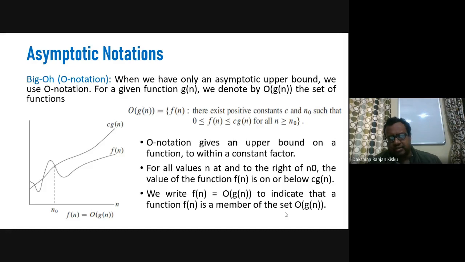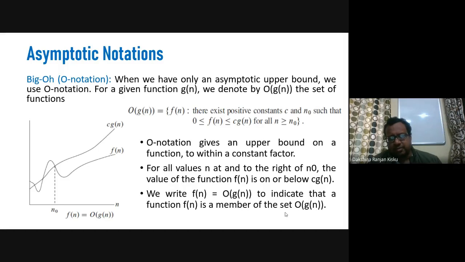Up to this, all the similar algorithms, all the alternative algorithms, are represented by order of g(n). Since f(n) is a member of the set of functions order of g(n), all the alternative algorithms which give the set of functions order of g(n) have the upper limit or maximum limit of the time.